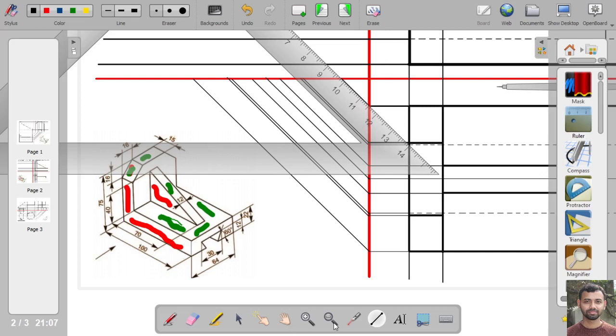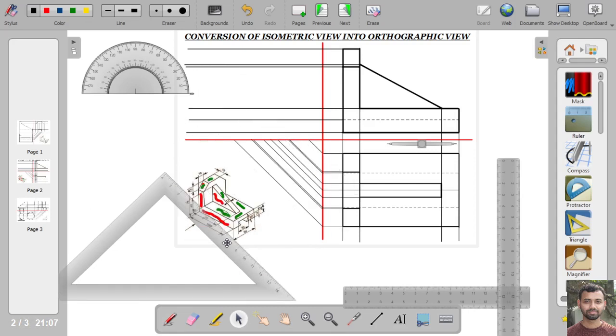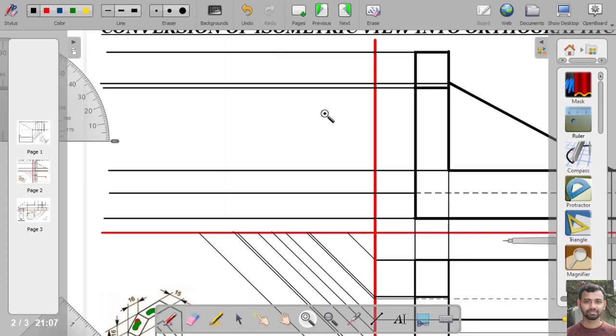Okay. So we have drawn all the lines. Now we will draw the vertical lines. Now we will draw all the vertical lines from these points. Now we will draw all the vertical lines from this point.